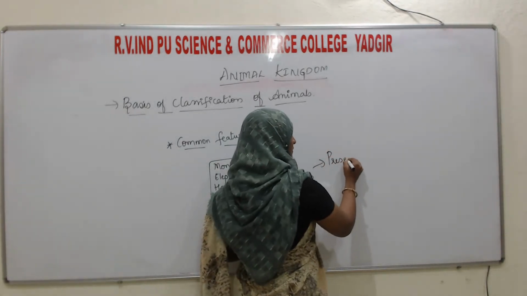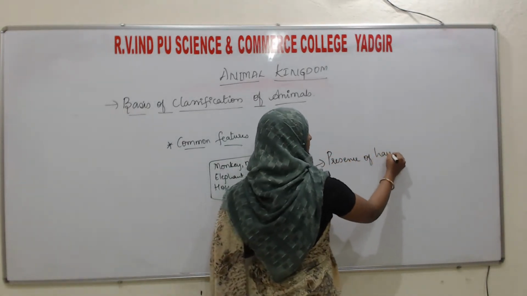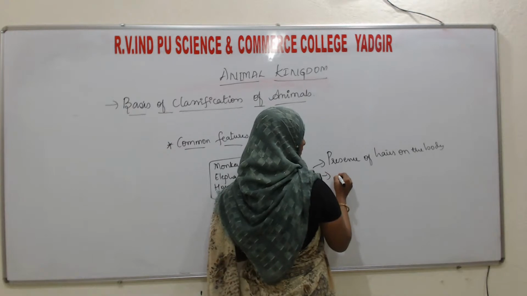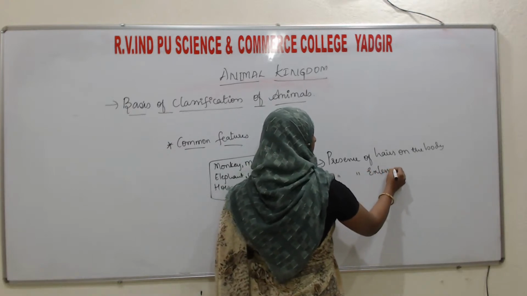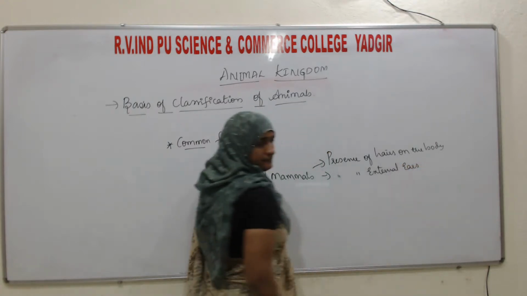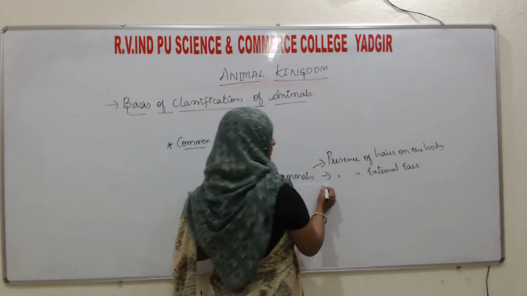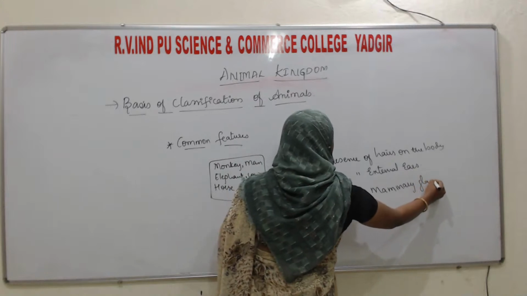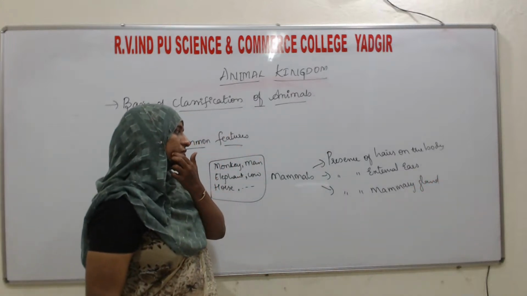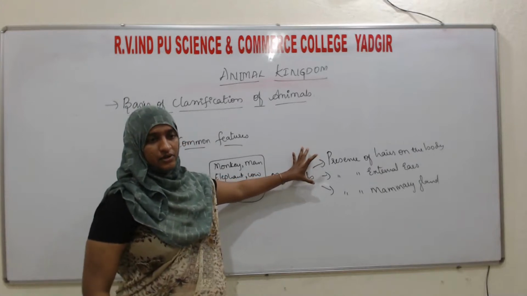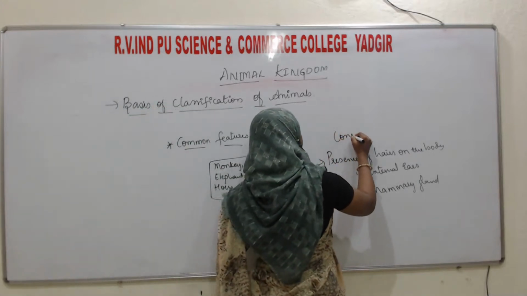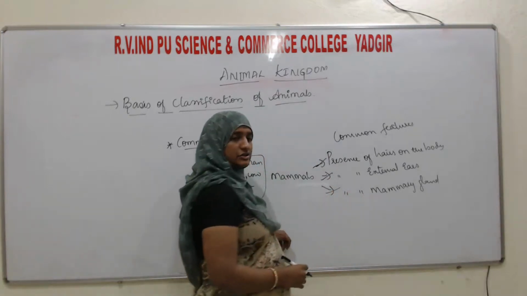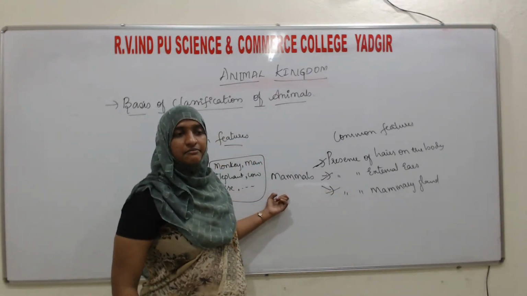Presence of hairs on the body. Second, presence of external ears. Next, presence of mammary glands. These are the common features. By noticing these common features, they were classified under the class mammals.